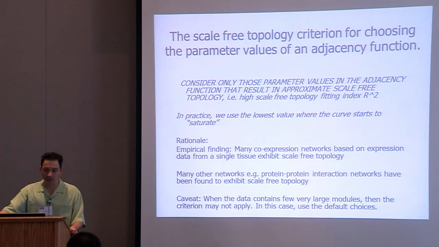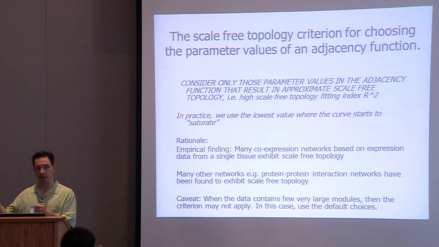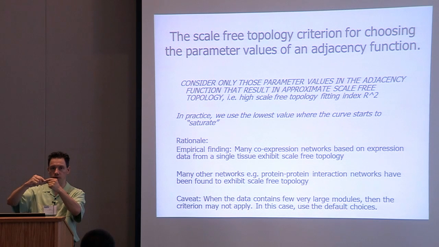And so when your data set, for whatever reason, contains a few very large modules comprised of tens of thousands of genes, then what does that mean? It means you have tens of thousands of hub genes, right? Because if a gene is a member of such a large module, it's highly connected to thousands of other genes, and therefore it's a hub.